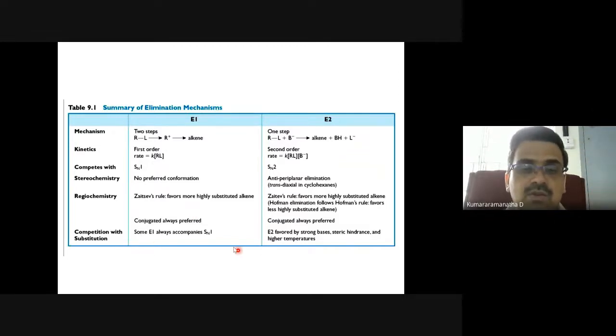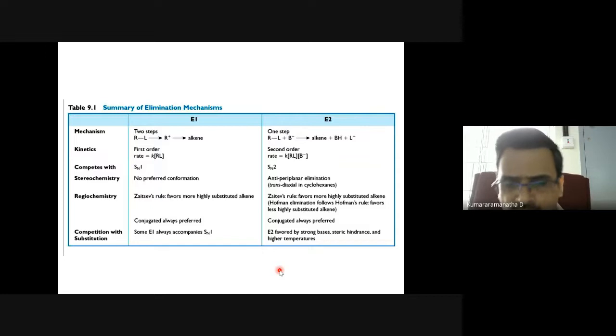Okay? So you should also see how the molecule competes in terms of base or steric hindrances and at various physical conditions. Okay. So this is the end of the important points related to the elimination mechanisms.